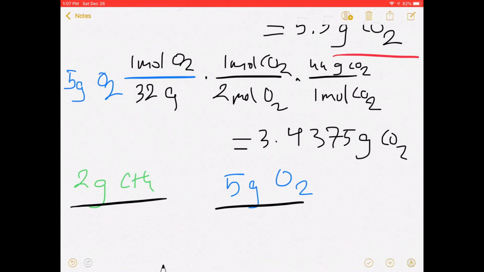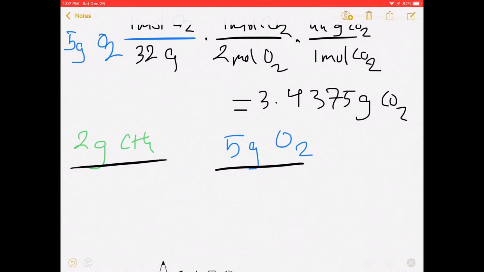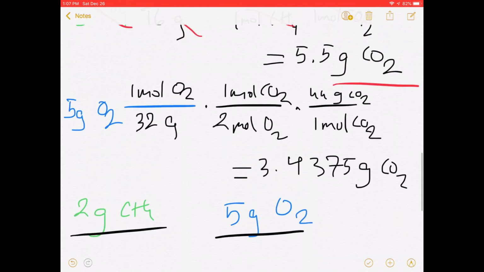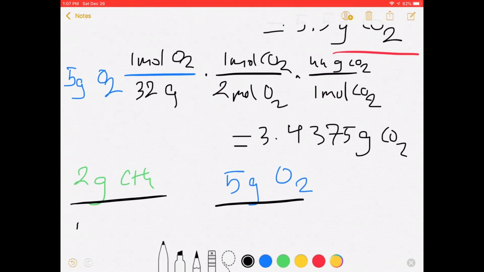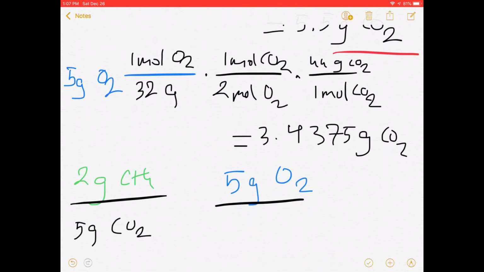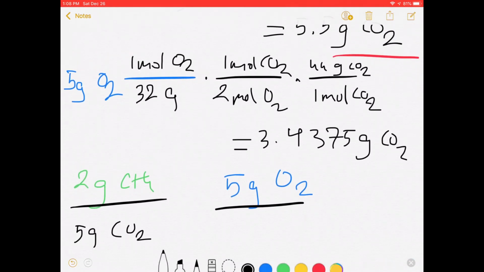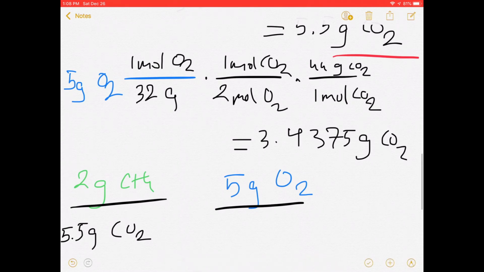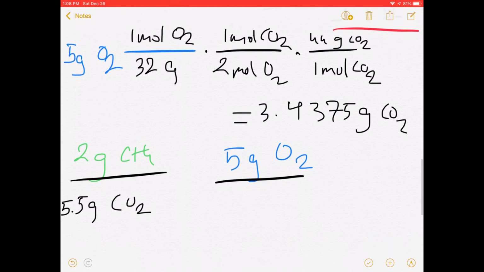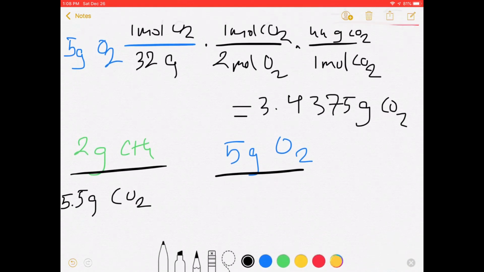We see that for the 2 grams of CH4, we got 5.5 grams CO2. And then for the 5 grams of O2, we see that you get 3.4375 grams of CO2.